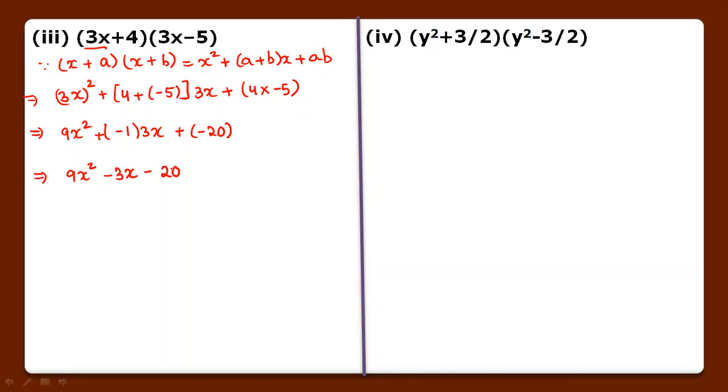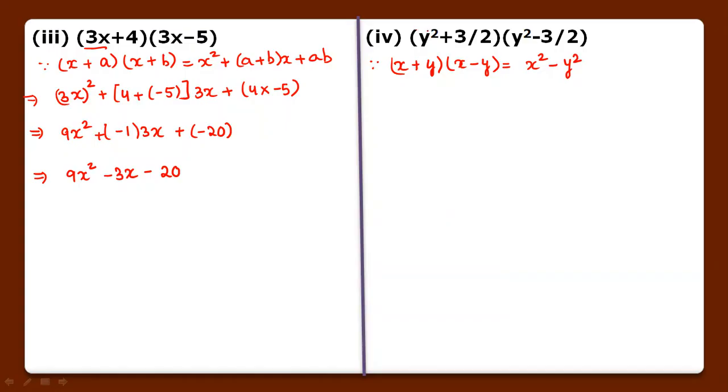In this way. Fourth part, y square plus 3 upon 2, y square minus 3 upon 2. This identity is similar to this expression, x plus y into x minus y is equal to x square minus y square.